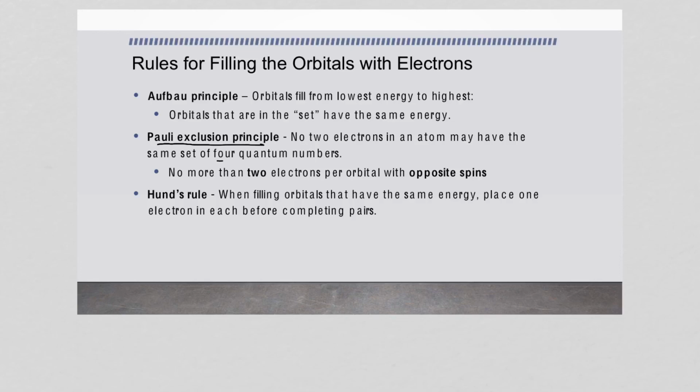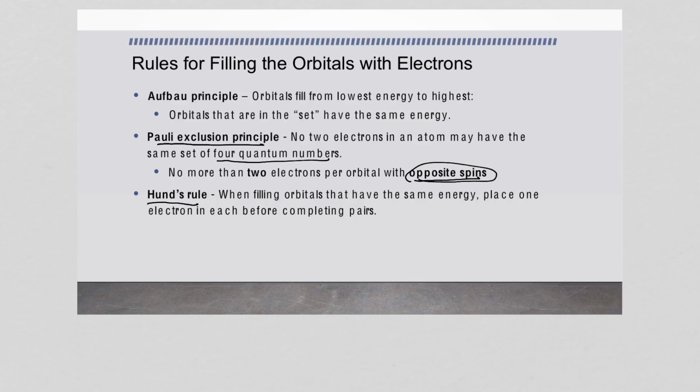And we'll talk in the next section about what exactly we mean by these quantum numbers. But in practical sense, what it means is that we can't put any more than 2 electrons in an orbital. And these electrons are going to be pointing in the opposite direction, or as we'll see in a little bit, they have what we call opposite spin. So only 2 electrons per orbital.